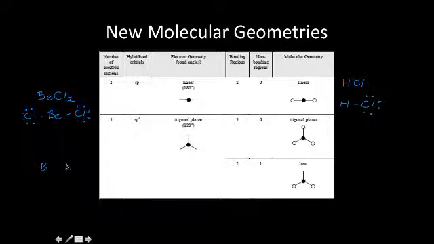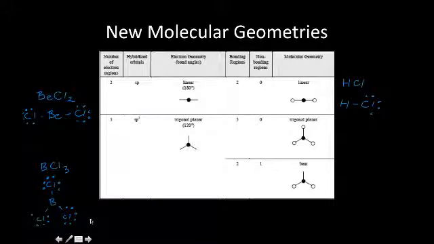And so when we take something like boron trichloride, we get this trigonal planar shape. It's taking forever to draw these.